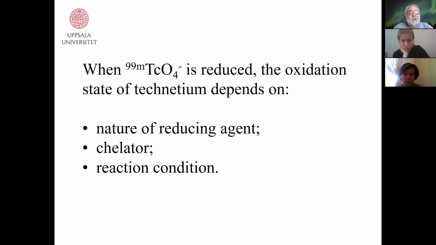It depends on the chelator, in the presence of which reduction takes place, and the chelator might stabilize technetium in one or another oxidation state, and it might depend on reaction condition.